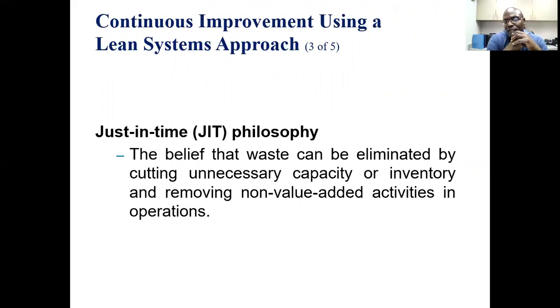In fact, a lot of companies that have a system that is considered lean have a just-in-time philosophy, where their inventory is not held in-house, but they end up having contractual agreements with the suppliers to supply them with product on a need basis.